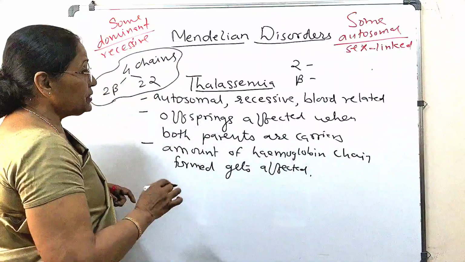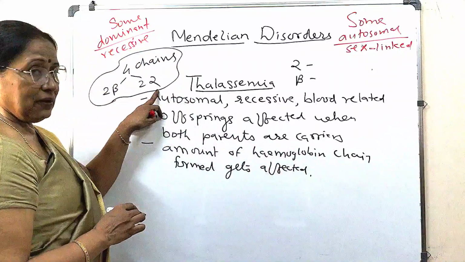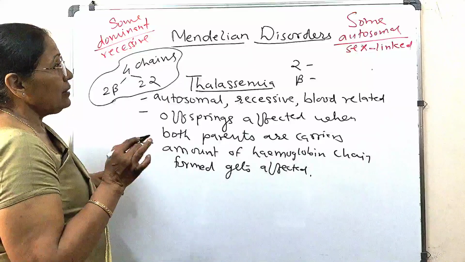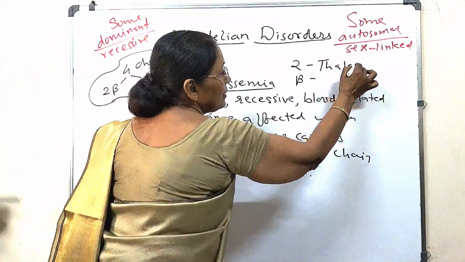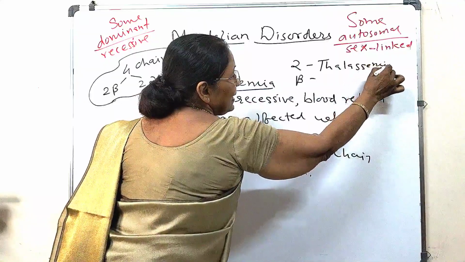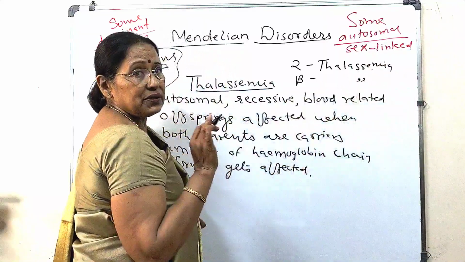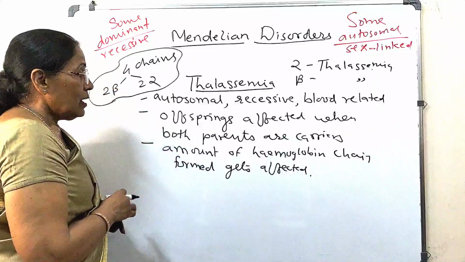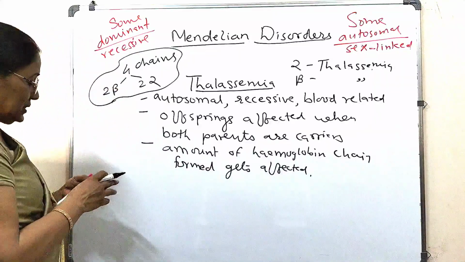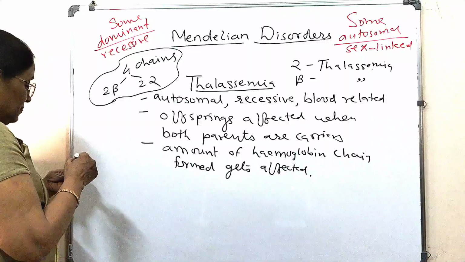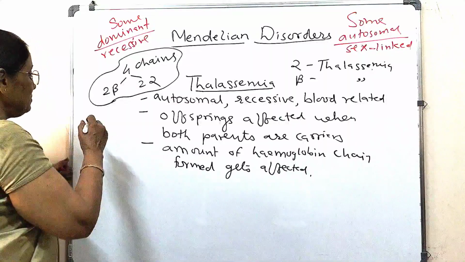As per which chain is not formed, whether it is alpha or beta, accordingly it is called alpha thalassemia or beta thalassemia. Which chain is affected? How does it occur? What is the cause? Let us see first for alpha thalassemia.